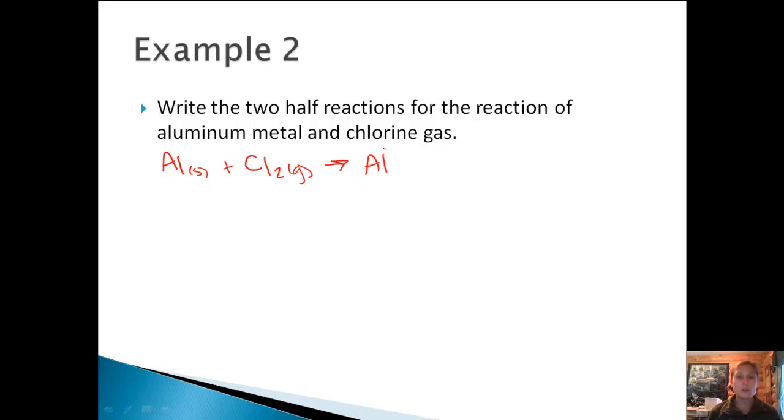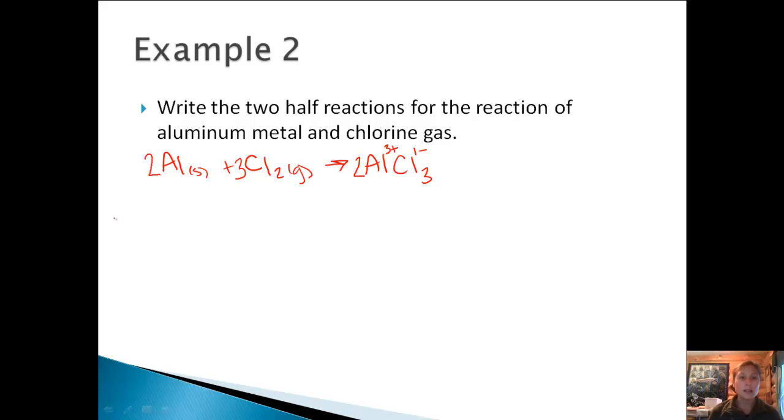We know aluminum forms the 3+ ion when it goes from a neutral element to the ion, and chlorine forms the 1- ion. So to make that neutral, we need 3 chlorines. Last thing we need to do is balance it. Because I have 3 chlorines in my products and 2 chlorines in my reactants, I need 3 Cl2s and 2 AlCl3s, which means I also need 2 aluminums.